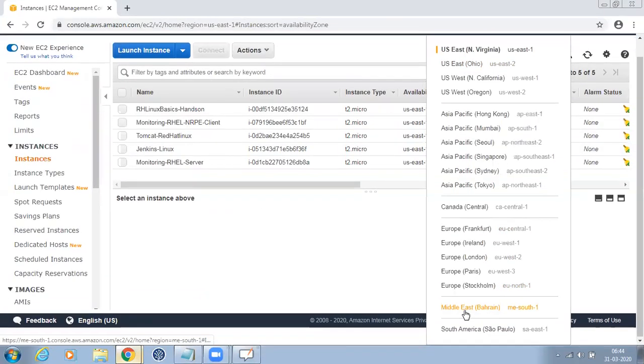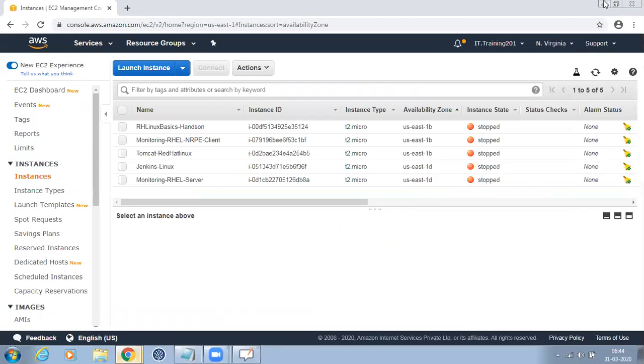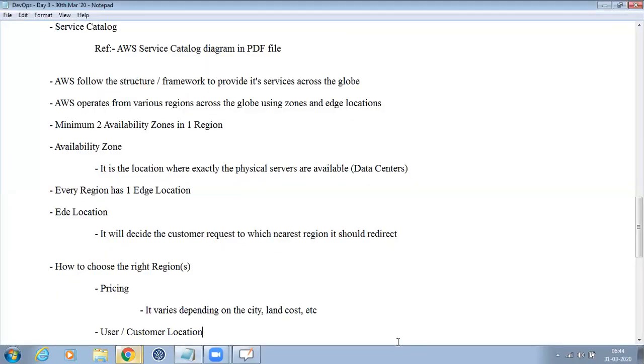You can see it here, right? Canada Central. I'm just giving an example. Don't take the literal meaning here. So similarly, in a location where our customers are more, if there is no region there, we take the nearest location where our customers can access our application, provided the particular region has the availability zones and all the factors.